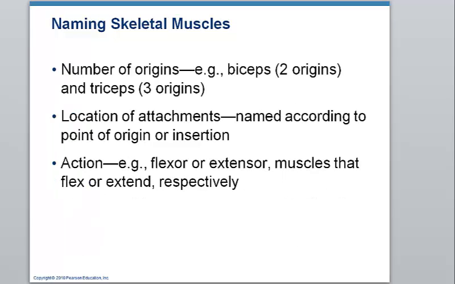The other type of naming that you can use is based on where they originate. Remember I said muscles have an origin and have a place of attachment. So based on those two, you can actually name a skeletal muscle. Biceps. Biceps means it has 2 origins. Point of attachment. Where is it going to insert itself? My classic example I give is sternocleidomastoid muscle. It's a muscle in your neck. So if you turn your neck, you can see that muscle protruding along the lateral side of your neck.